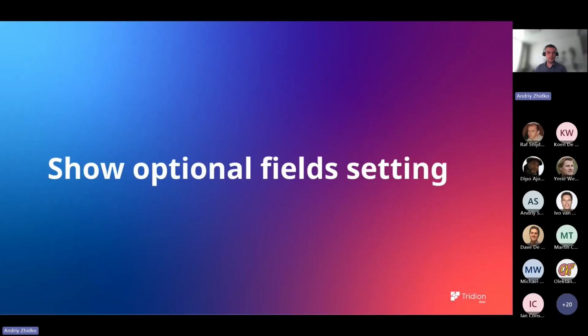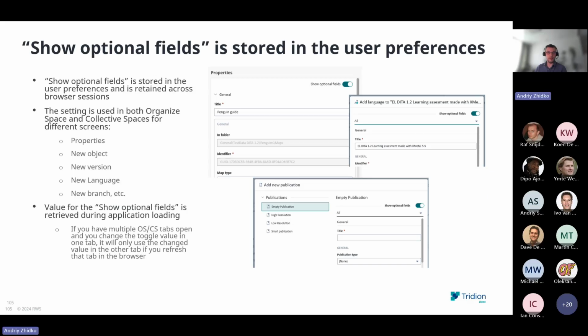Show optional field settings. In general, show optional field settings allows you to see all the metadata fields that are configured for a selected object. Some customers have a process in place where they treat some of the optional fields as mandatory, so they should be set.